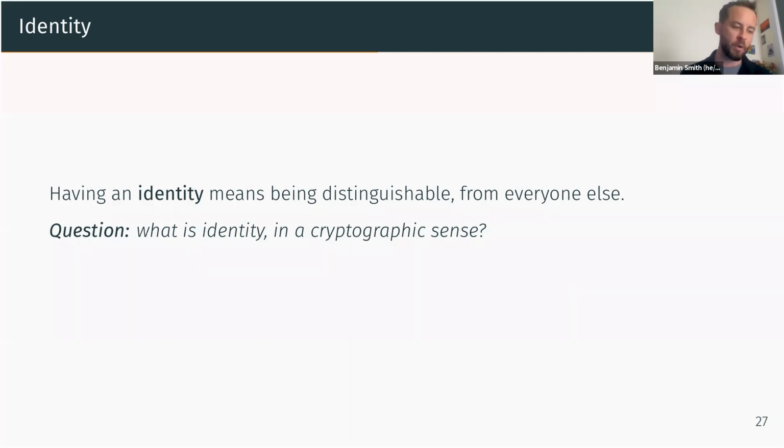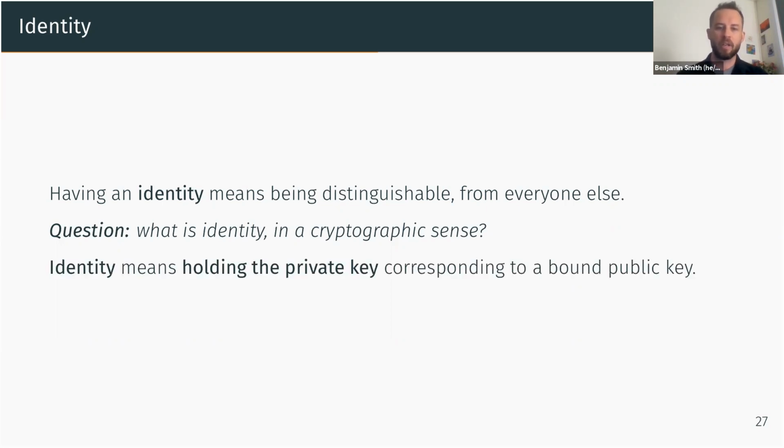Okay, so it's holding that, and you have to be bound to the public key. I mean, if you're holding a private key and no one knows what the public key is, or that it's associated even vaguely with you, that's like a tree falling in the forest and no one being around to identify you. So having an identity just means you're going to hold a private key corresponding to some public key which you're bound to.